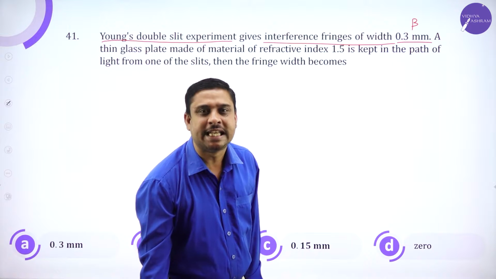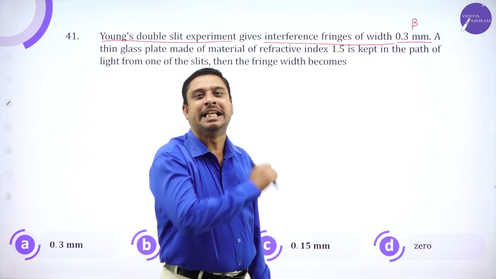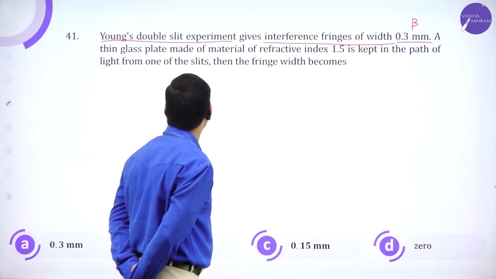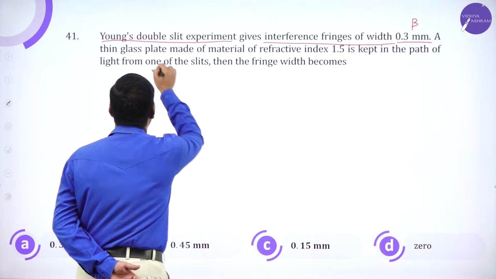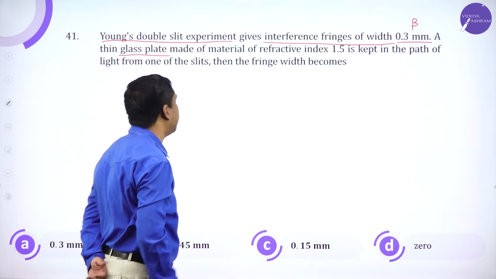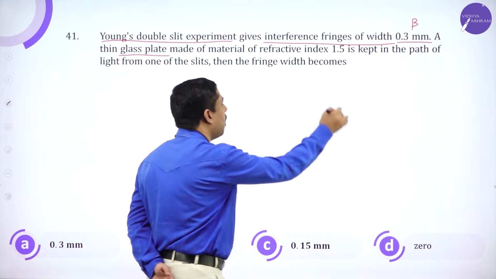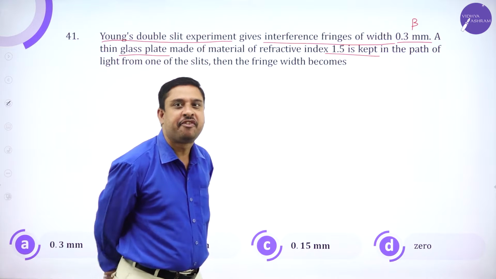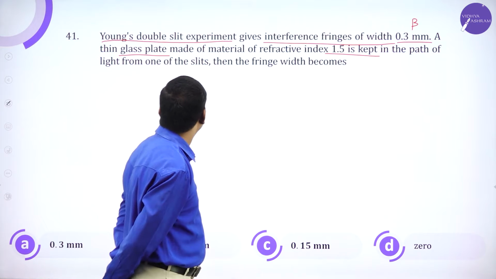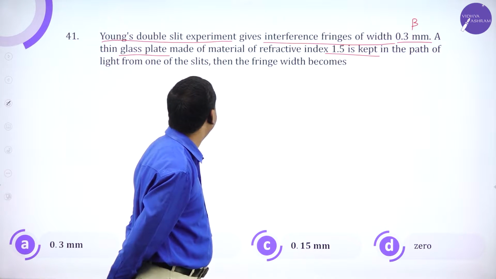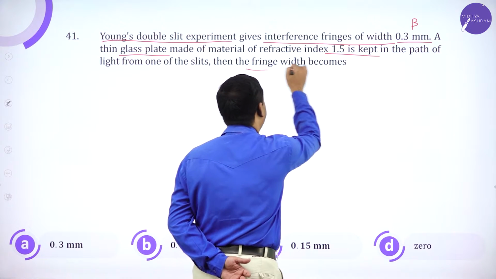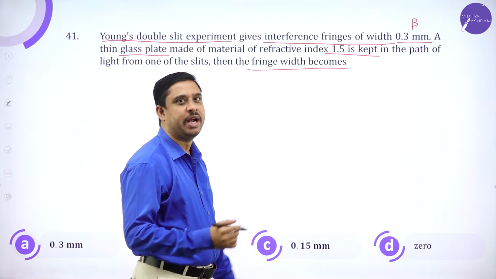A thin glass plate of refractive index 1.5 is in the path of light from one of the slits. Then what happens to the fringe width?